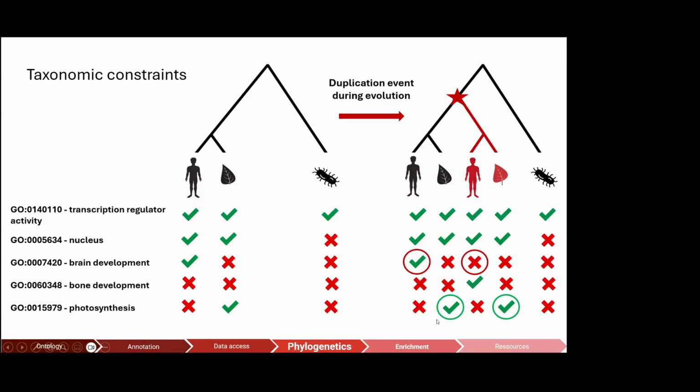But what happens with some other functions like brain development? In this case, so this is a fictional case, we have two paralogs in human and plants. And you can imagine that this brain development function was lost because you have a second copy, and the second copy evolved to another function, which in our case here is bone development.